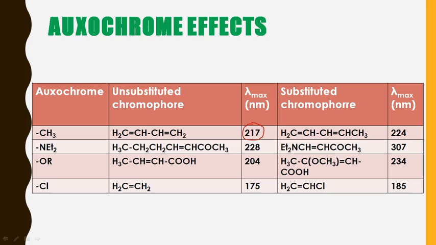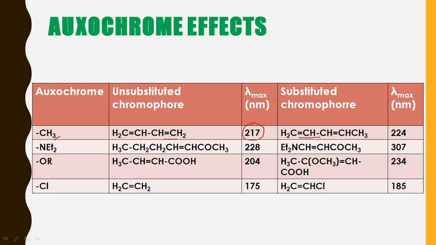If one of the hydrogens is substituted by a methyl group, here the methyl group is also acting as an auxochrome, then the structure is like this. This is the substituted chromophore.